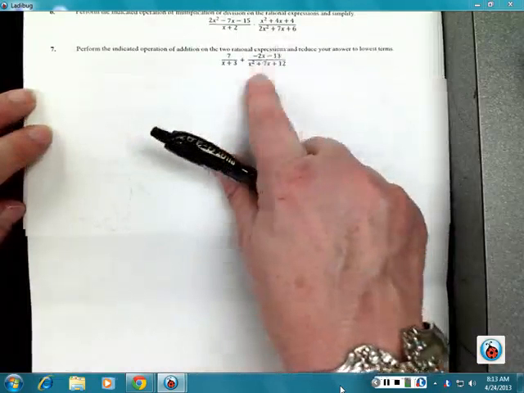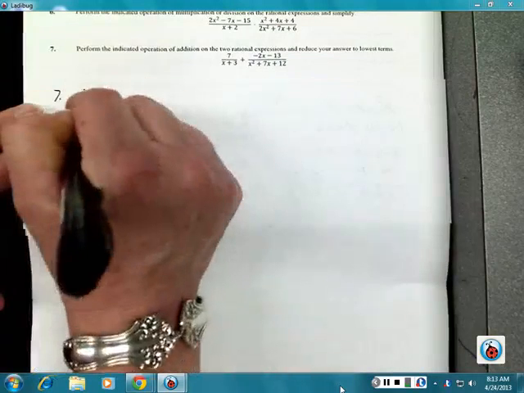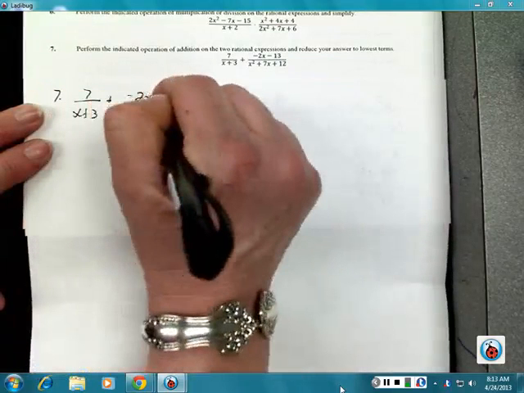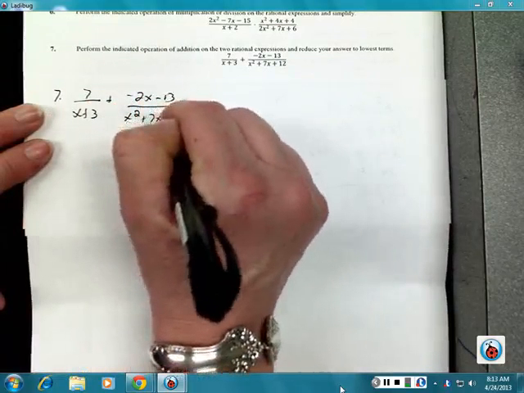What happens with this piece? It's an addition. So it says, perform the indicated operation of addition on the two rational expressions and reduce your answer to lowest terms. Been a while since we did any of these. So number 7 is 7 over x plus 3 plus a negative 2x minus 13 all over x squared plus 7x plus 12.